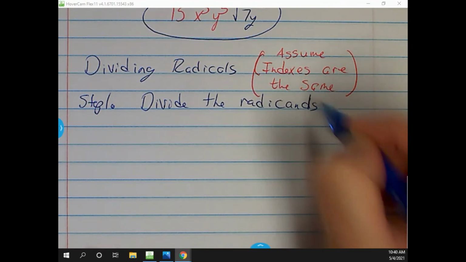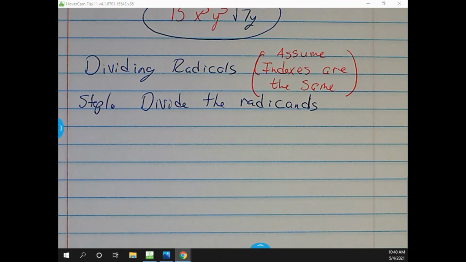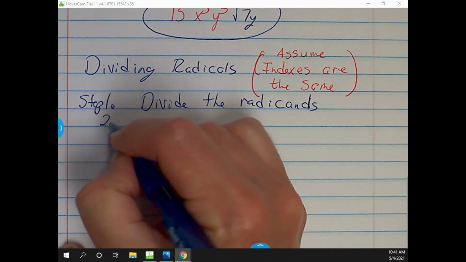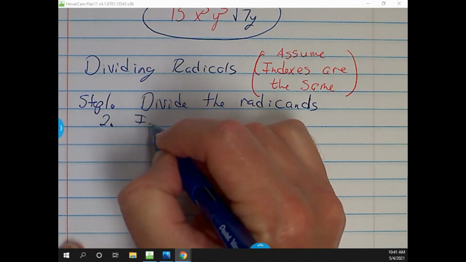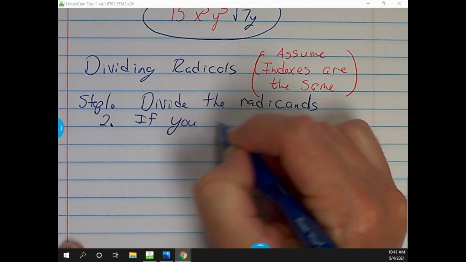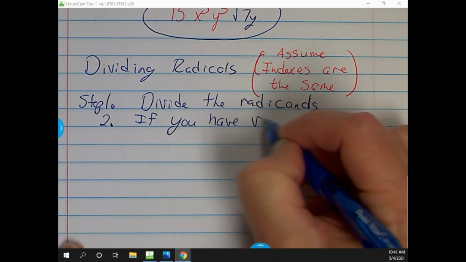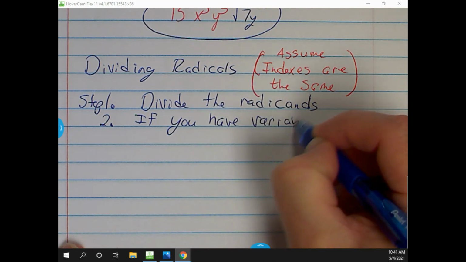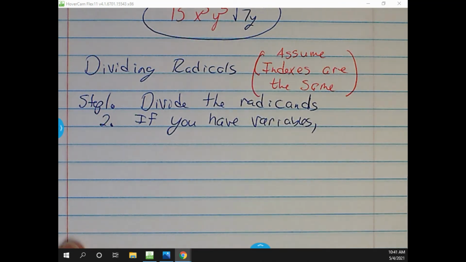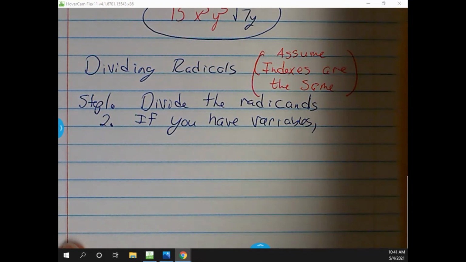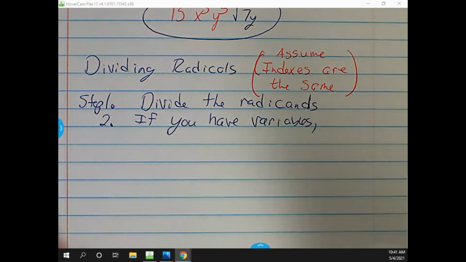Okay, just like with multiplying, where you had to multiply the numbers, same thing on this one. You're going to divide the radicands. Whatever the numbers are on the inside, divide those 2 numbers out. And then step 2, if you have variables, no, we're going to do everything backwards.